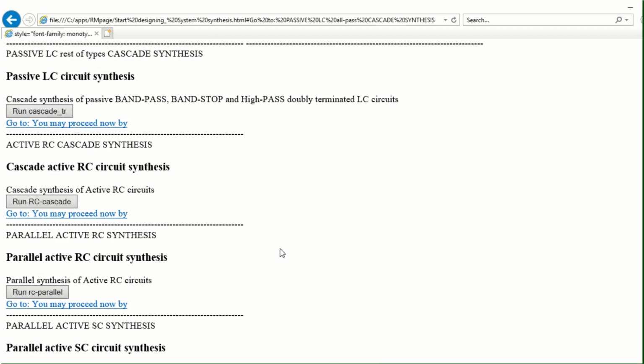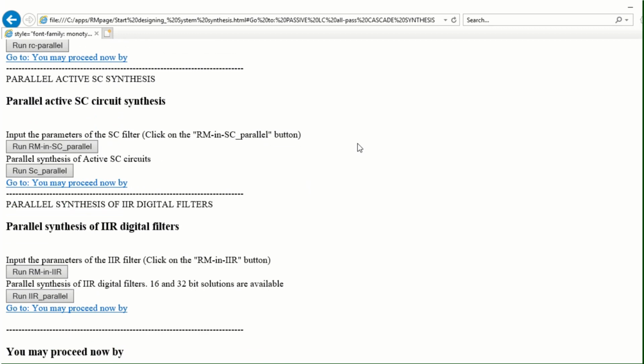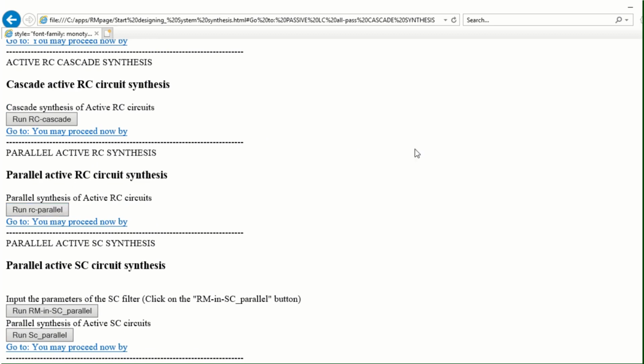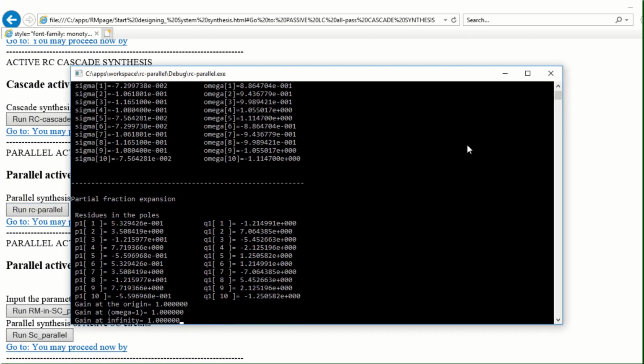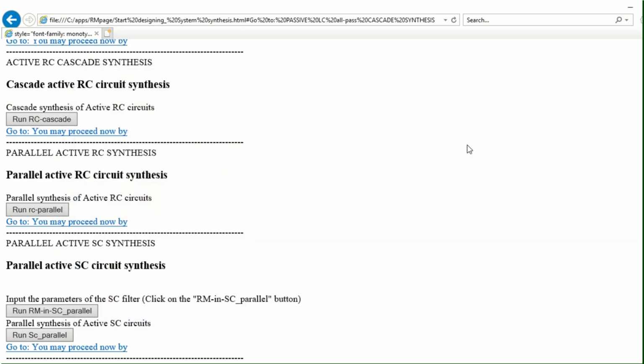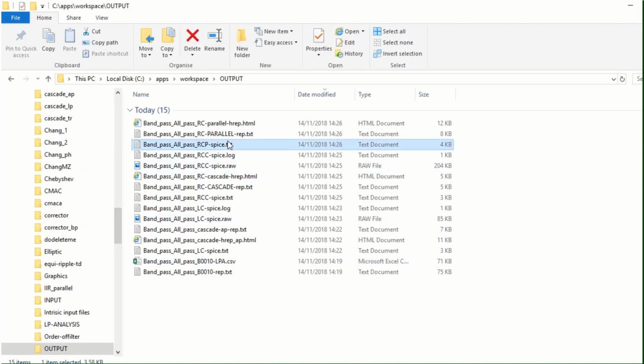Okay, now we will proceed with the switched capacitor, with the RC parallel. The RC parallel finished, we will go for the spice file.